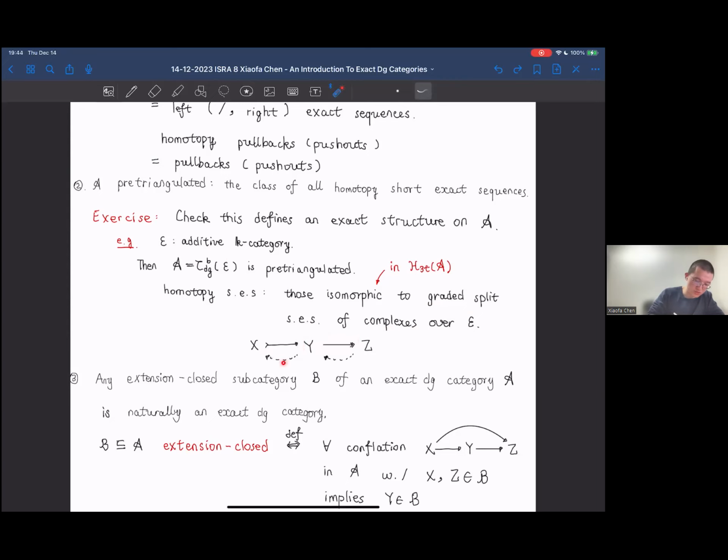So these two are not morphisms of complexes. They are just graded maps.